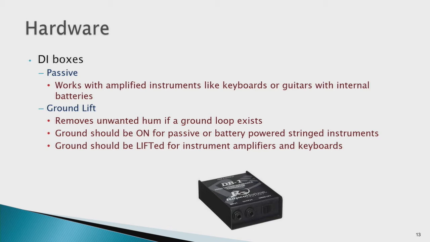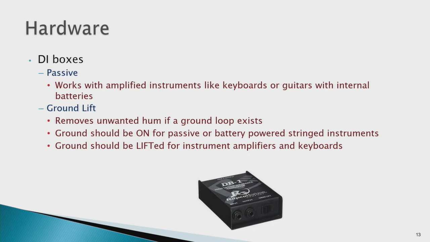There is also a ground lift button on the DI box, and this is what helps you to remove hum. The rule of thumb is, if you have an electrical item plugged in, in other words, a keyboard plugged into the outlet and connected to your DI box, you will want to have the ground in the lift position.